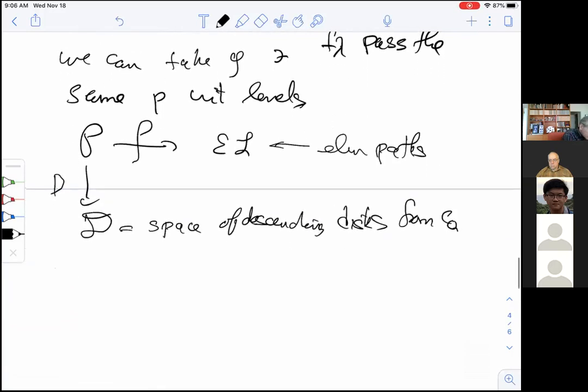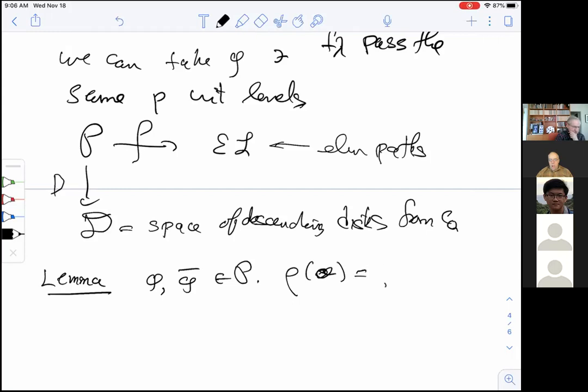Okay. Now, I proved last time a lemma that says if you have two embeddings, phi and phi bar in P, then rho of phi is rho of phi bar if and only if there exists a G in the group I called G12.